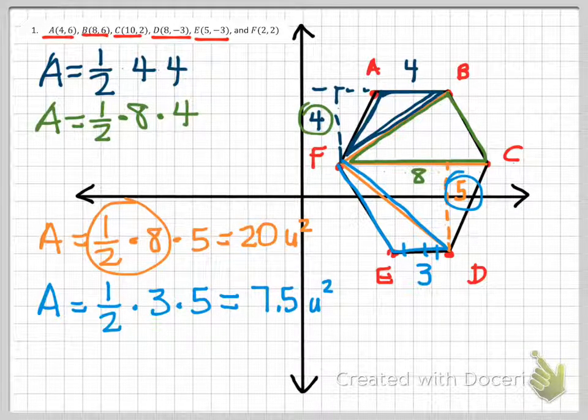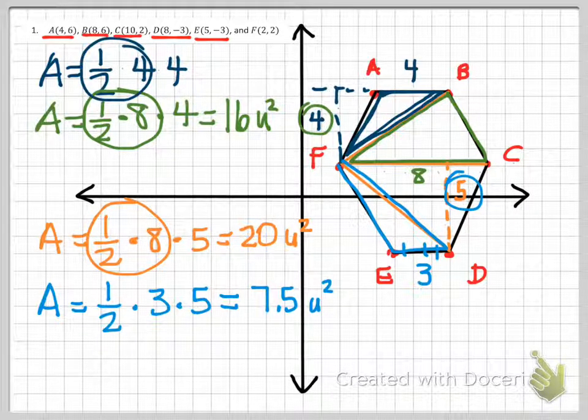If I go to the green, I can see, again, half of 8 is 4. 4 times 4 is 16. So this one's 16 square units. And lastly, the dark blue, I know half of 4 is 2, and 2 times 4 is 8. So this one is 8 square units.